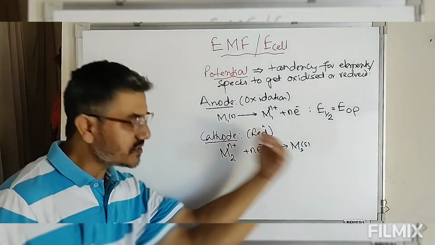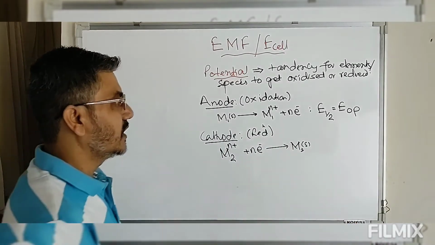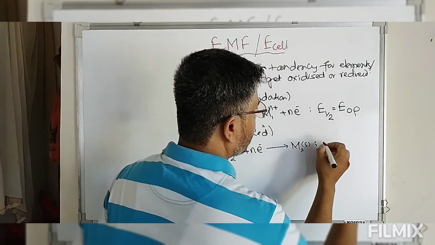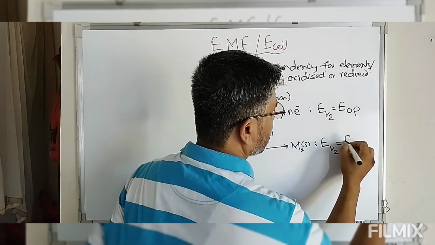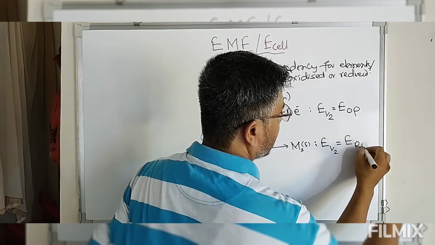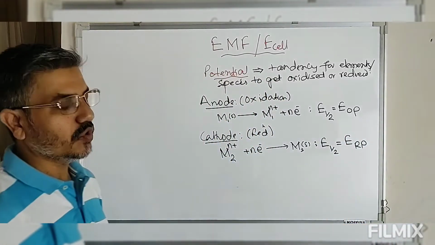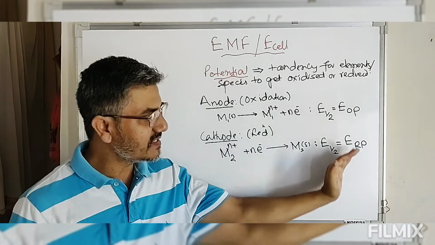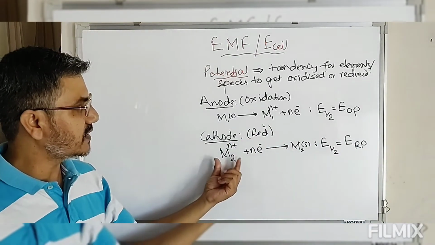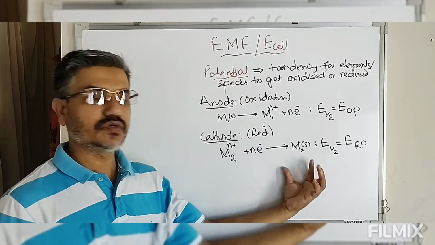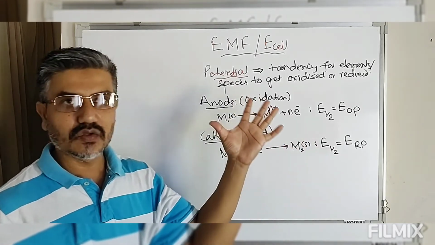This tendency for reduction is measured by the half cell potential, that is E half cell equals E reduction potential. The more the value of this reduction potential, the more will be the tendency for this ion to get reduced to give you metal 2.